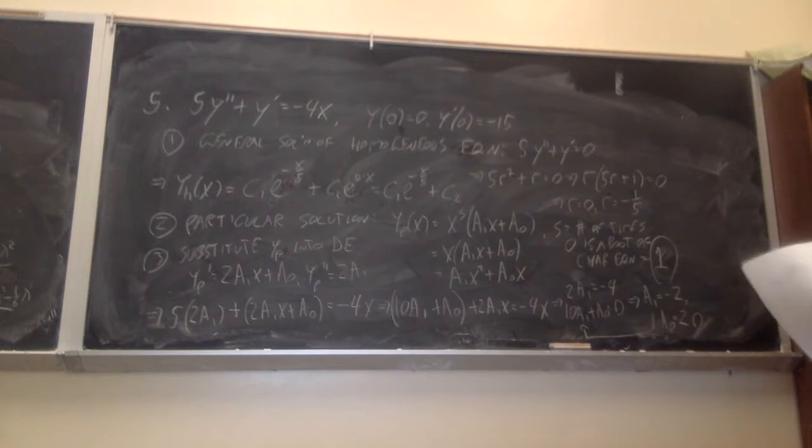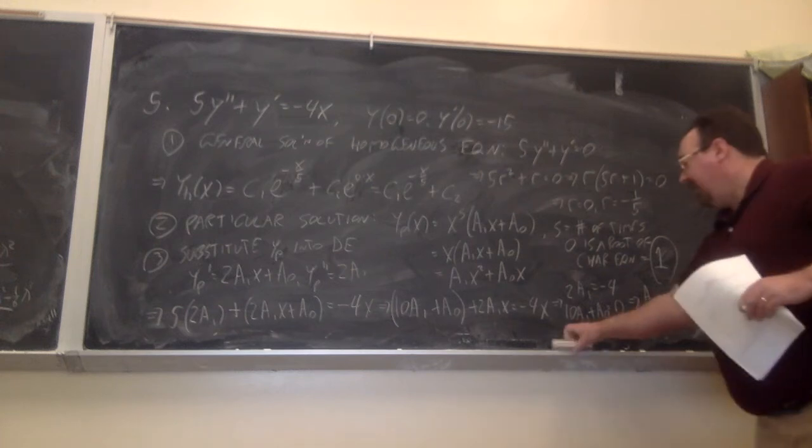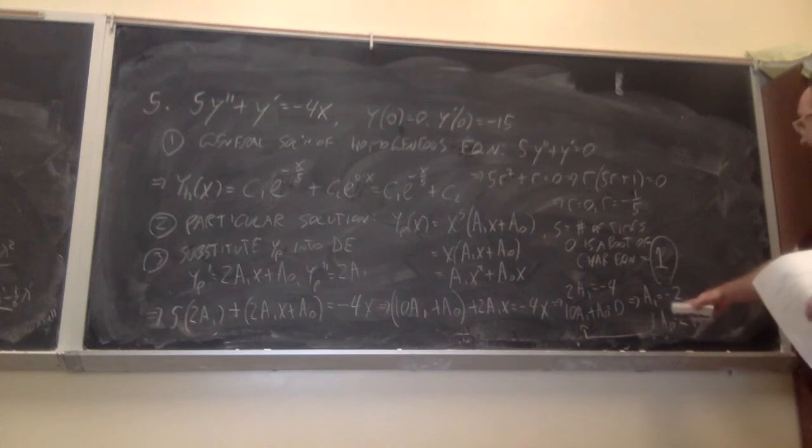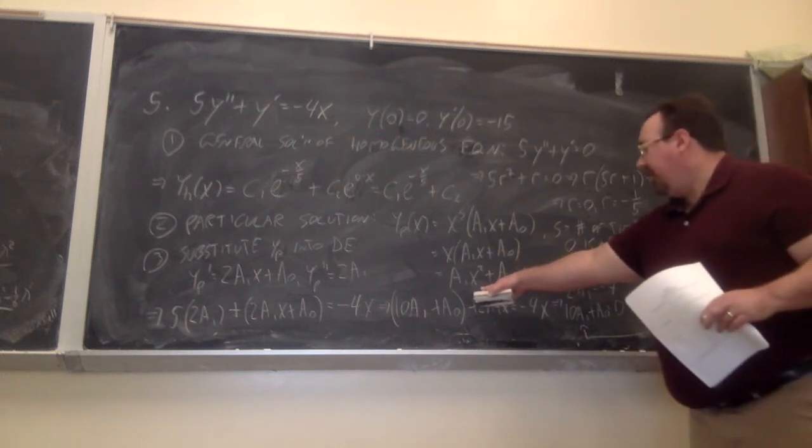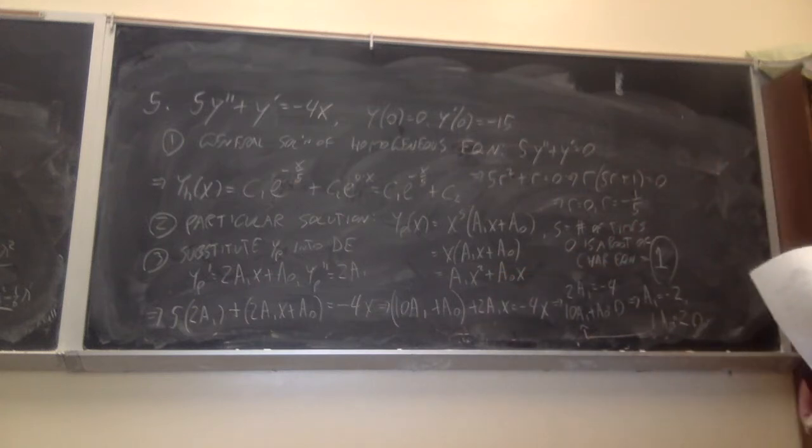So now we can write down our particular solution and combine that with our homogeneous solution to have our general solution. I'm going to fill in these constants for a1 and a0.